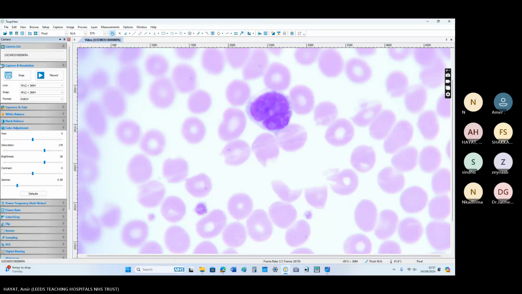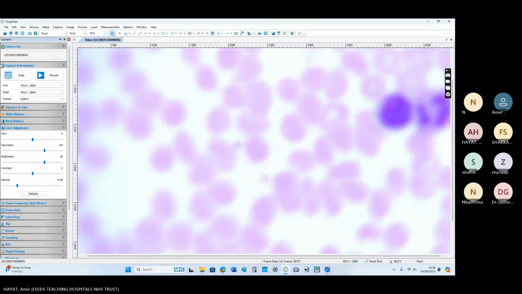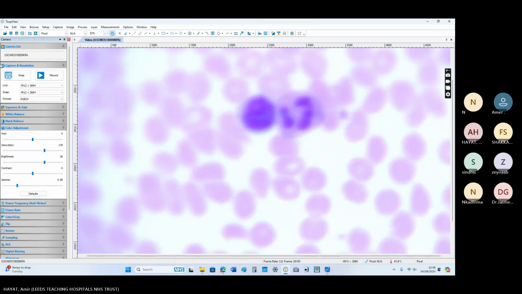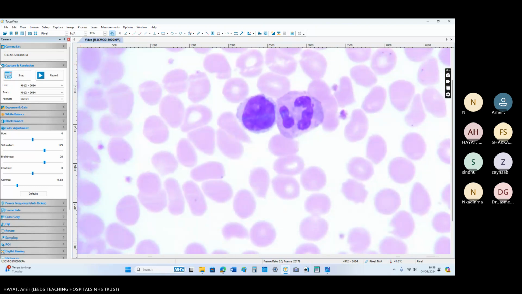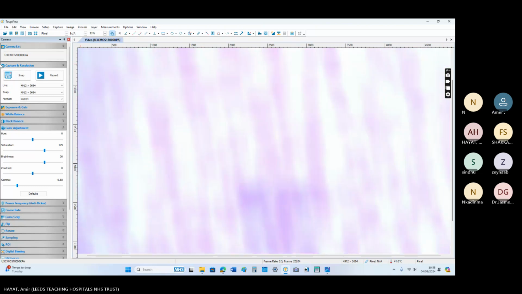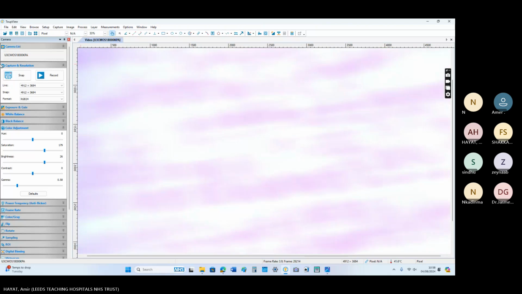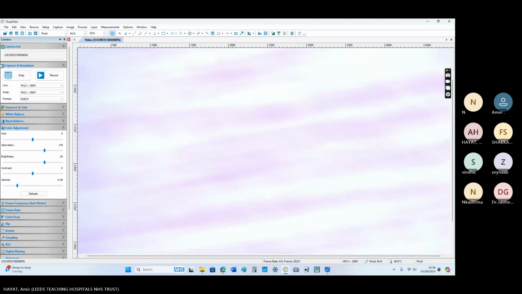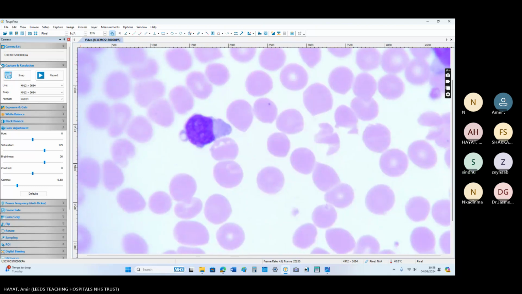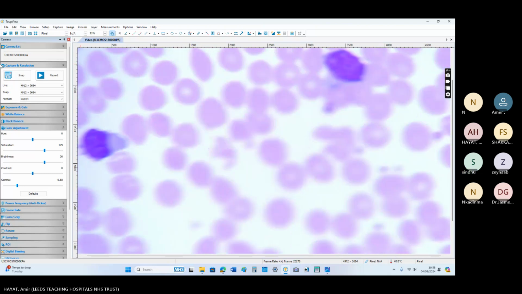Okay. So the nucleus is mature or immature? Looking like mature. There is nucleoli as well, 1 to 2 nucleoli.